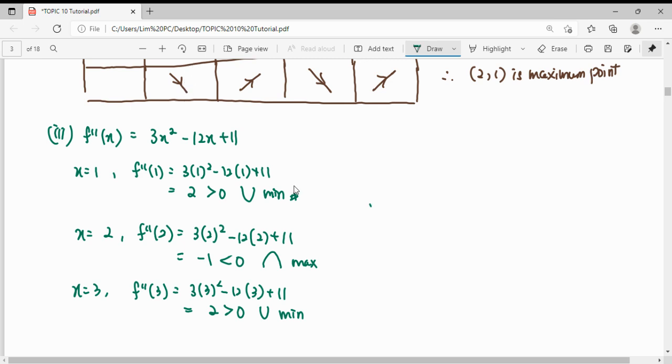So from here we also obtain the same result, where 1, 3 over 4, and then another coordinate 2, 1 will be a maximum point.